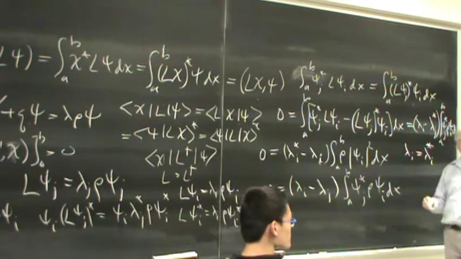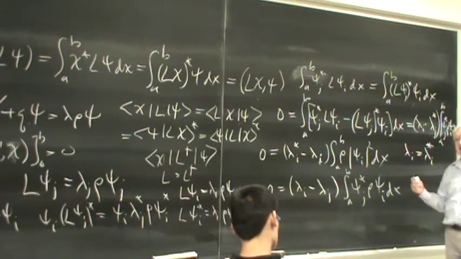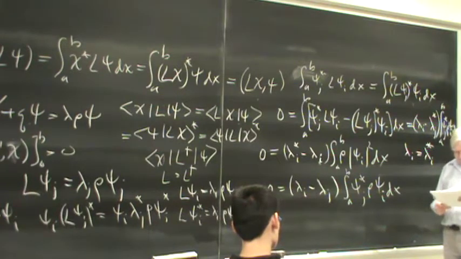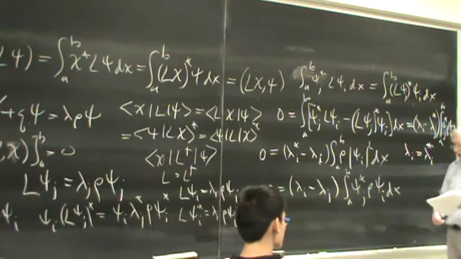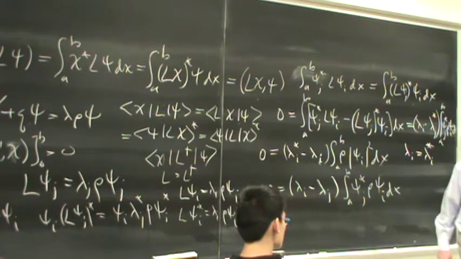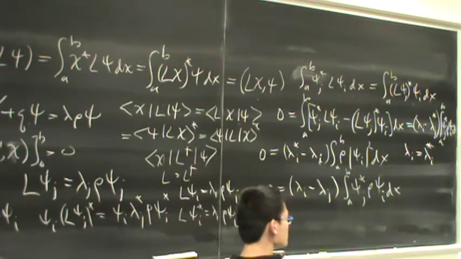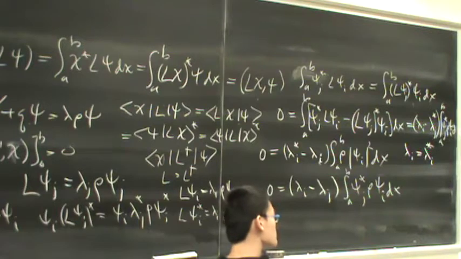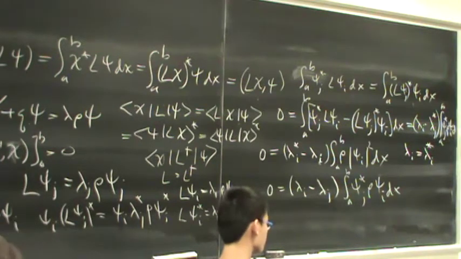It's a second order equation, so it's unique. The eigenfunctions are unique. And in fact, what you can do in all these regular Sturm-Liouville equations is you can take all the eigenfunctions to actually be real.